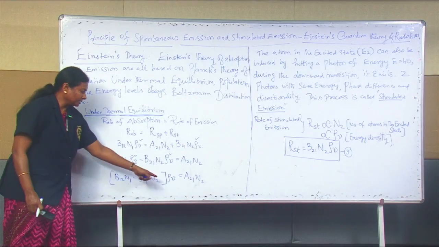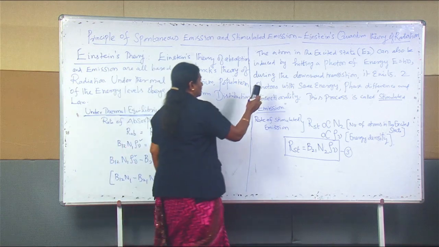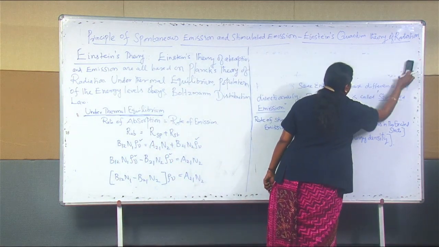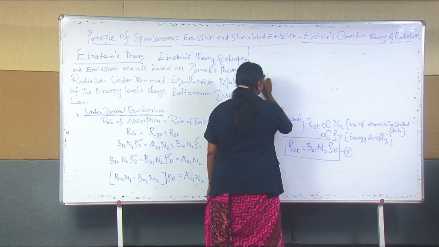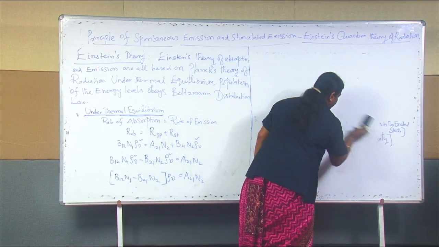Now, we need this energy density, so the energy density can be kept on one side and the remaining terms moved to the RHS of the equation.